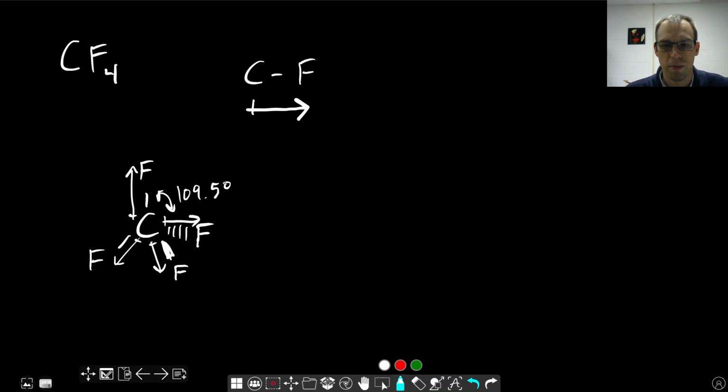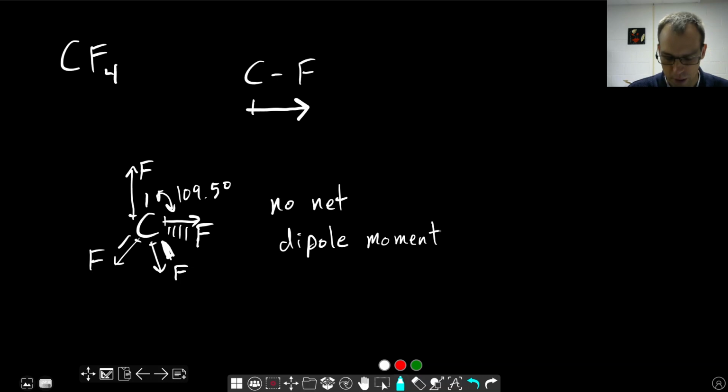And so because of the symmetry here, because all of these bonds are equally spread out around the central carbon atom, there is no net dipole moment for this molecule. This is a nonpolar molecule, even though all of the individual bonds are quite polar. Each individual CF bond is very polar, but because all of the fluorines are equally spaced around our molecule, just like in the carbon dioxide example, they cancel each other out.